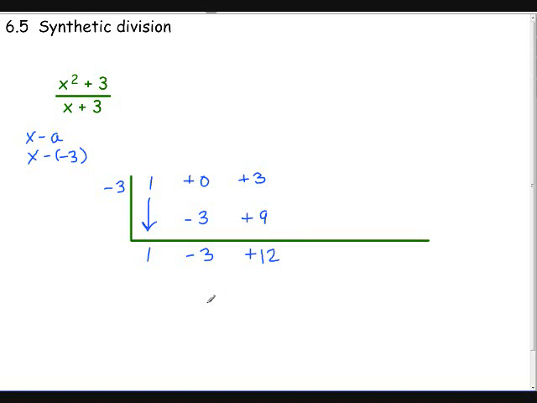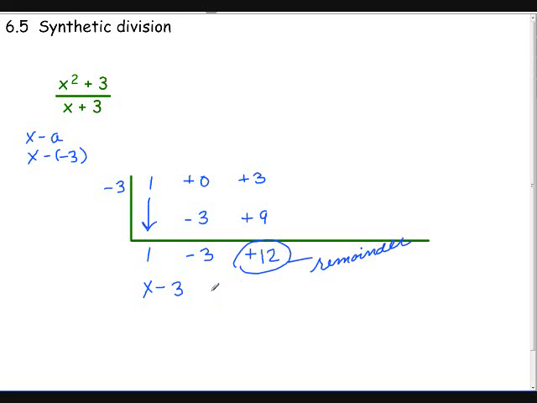Now we have to think about, we went from x squared to x. So this is simply 1x. This is x to the 0, so minus 3x to the 0 is just minus 3. Then this, in our last column, is our remainder.